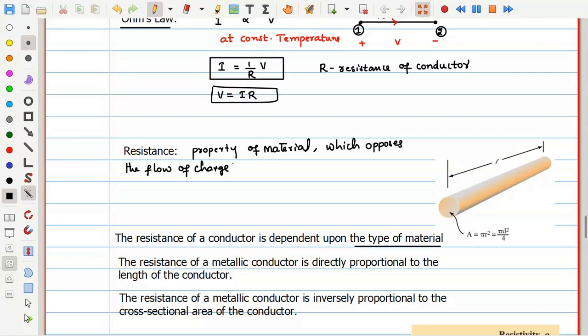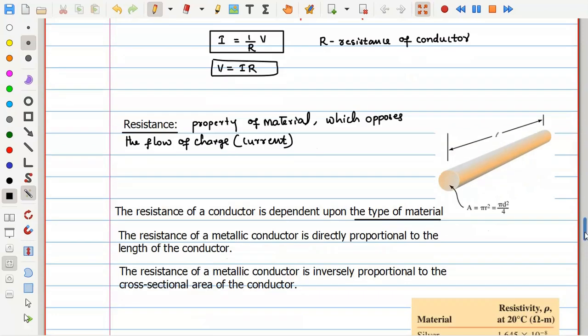What is the flow of charge? It is nothing but current. So it is the property of the material which opposes the flow of charge. That is what resistance is. Then who will offer this resistance? Usually any kind of material. Depending on the type of material, it may offer less, medium or more.